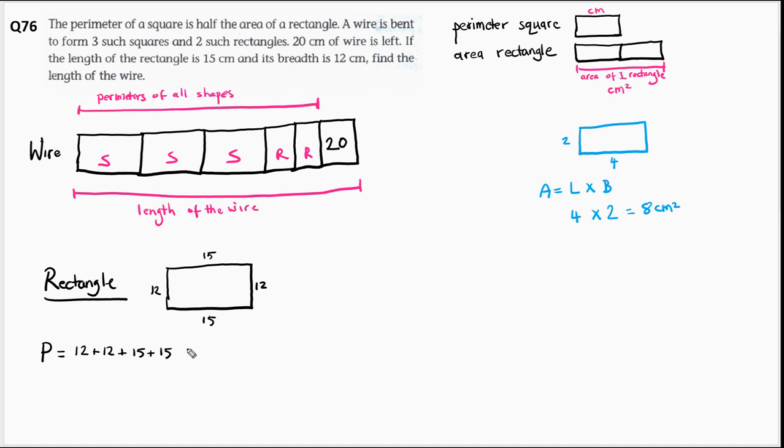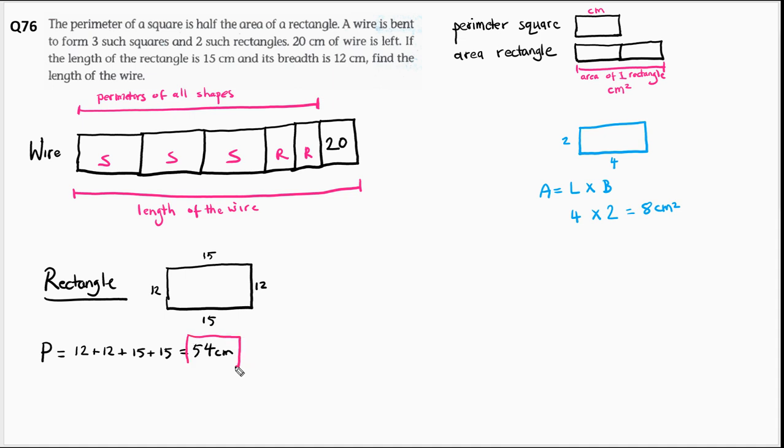And the perimeter of this rectangle is 54 centimeters. That's 54 centimeters altogether. 12 plus 12 is 24, plus 30 gives us 54 centimeters. So we know the perimeter of the rectangle, and we know that that's important.